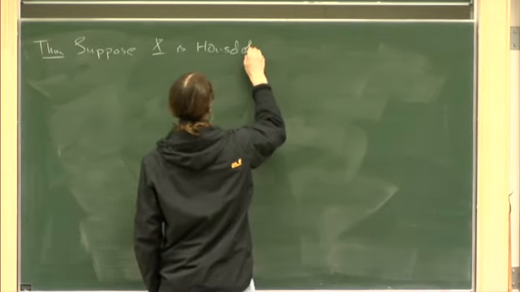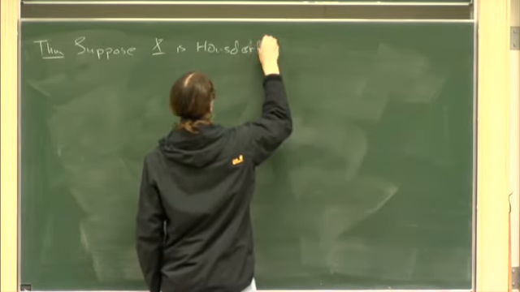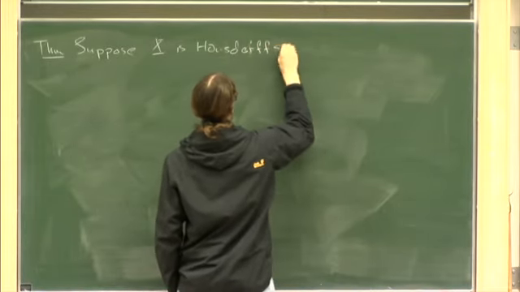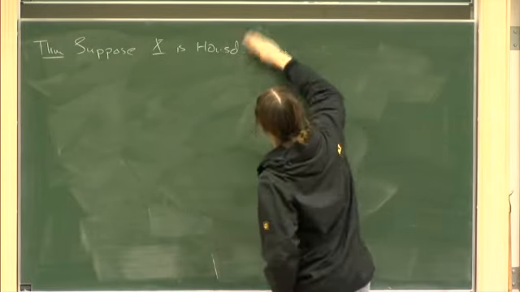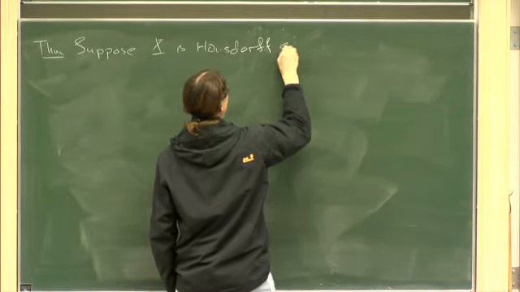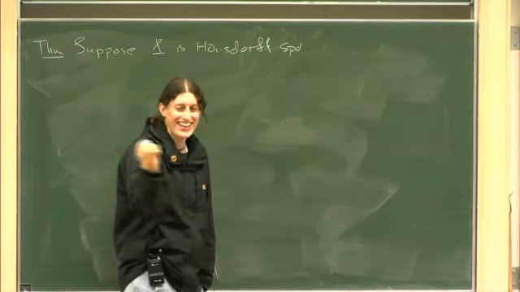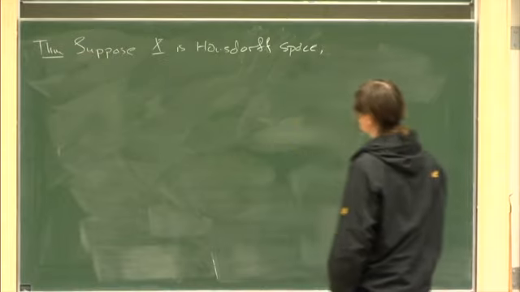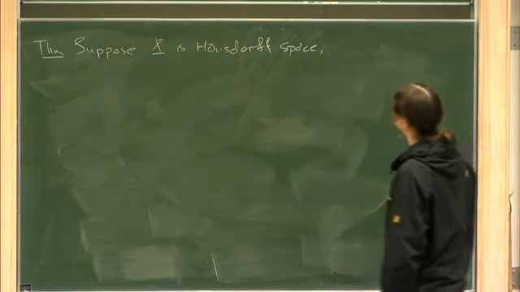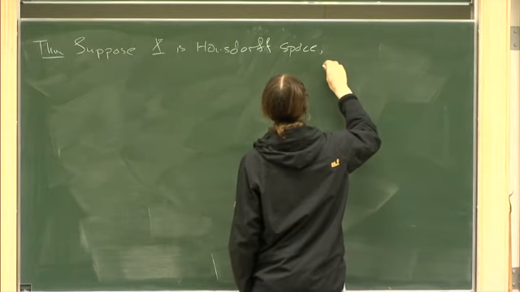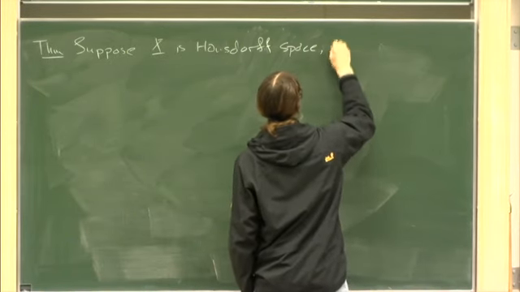Suppose X is a Hausdorff space. I can't even see it anymore. Okay, so suppose X is a Hausdorff space. Phi.